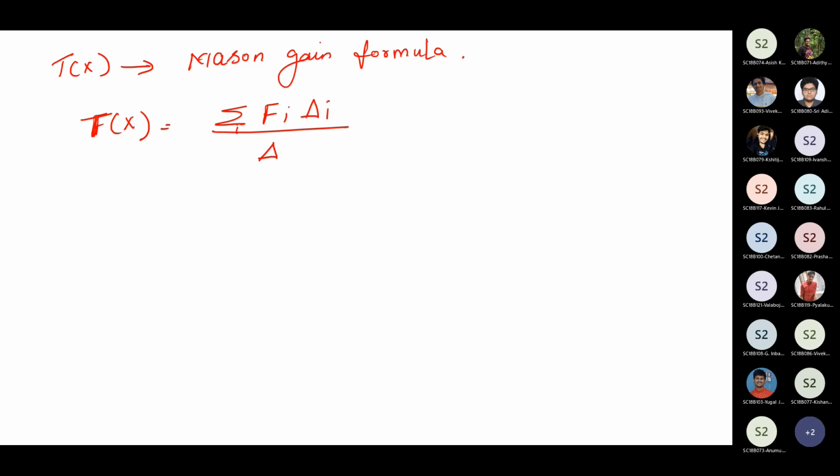Yes, ma'am. Okay. So Fi is what? Path gain of the ith forward path. Delta i is the part of the graph not touching the ith forward path.